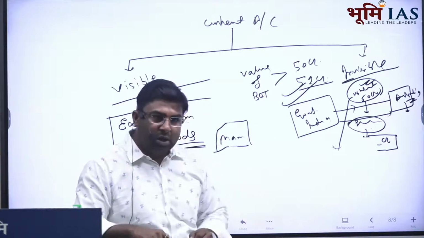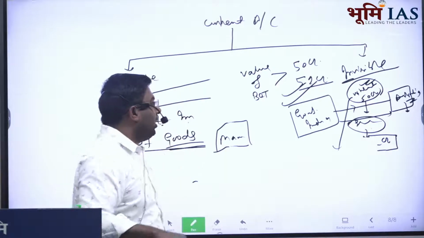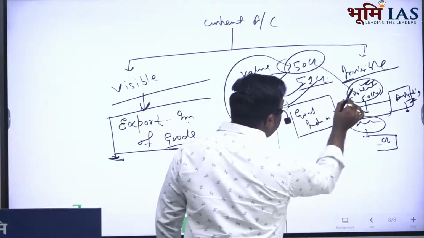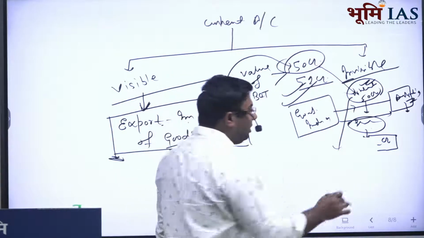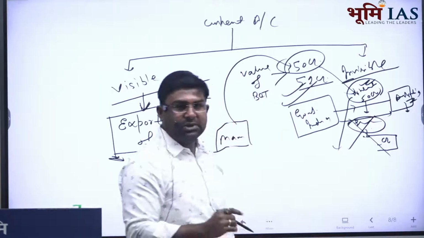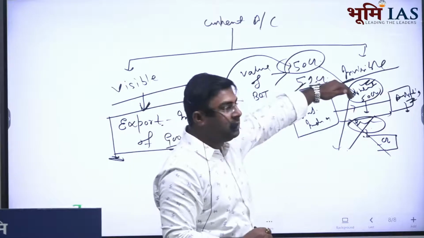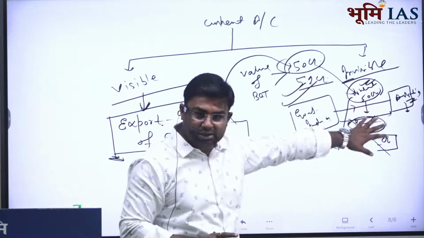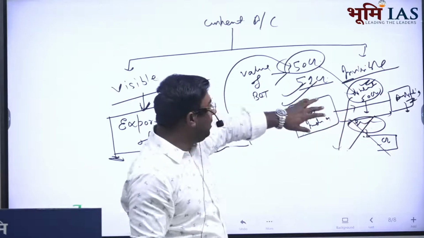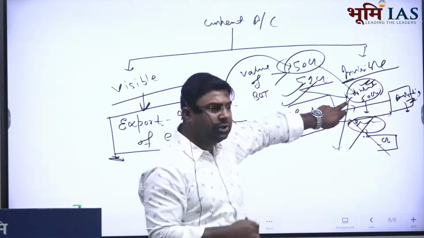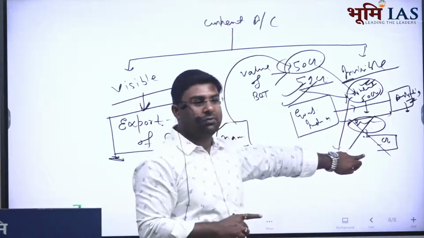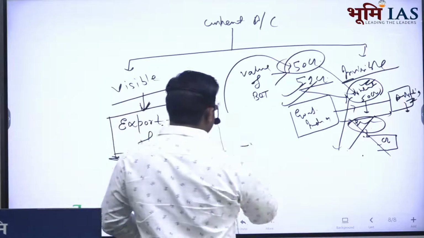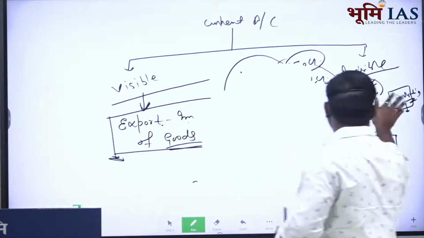RBI. And as per RBI, the value of a particular export would be the value of goods which have been exported, not the value of the service with the help of which that commodity has been exported. So whenever such a question is asked in examination, your answer would be the value of goods which have been exported or imported, not the value of service. Clear?